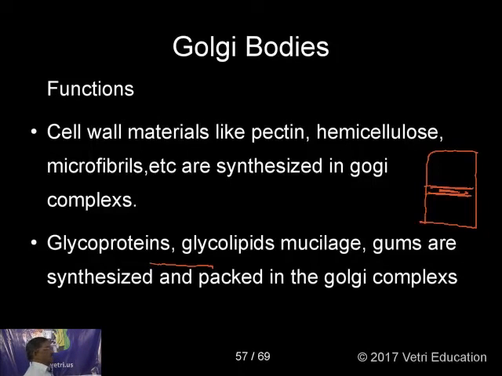Cell wall materials like pectin, hemicellulose, microfibrils, etc. are synthesized in the Golgi complex. Another important thing: glycoproteins, glycolipids, mucilage, gums, etc. are synthesized and packed in the Golgi complex.